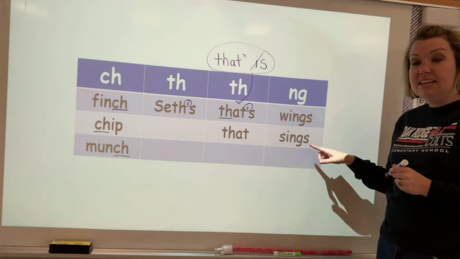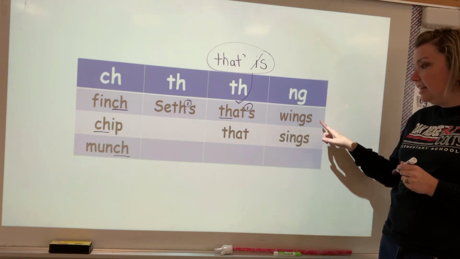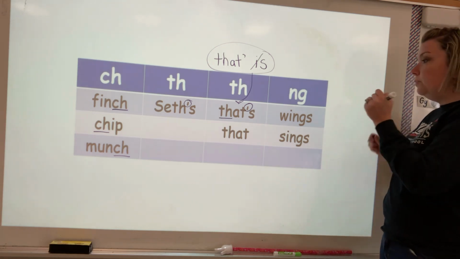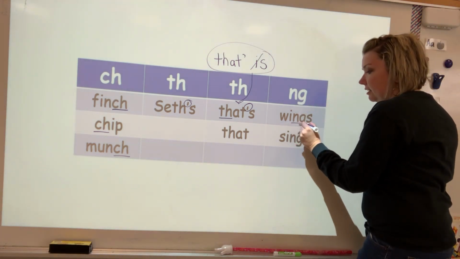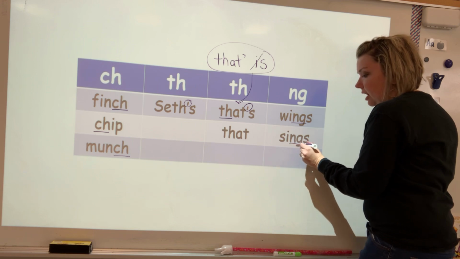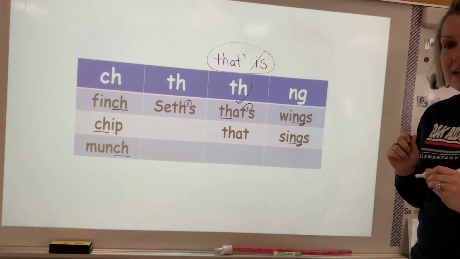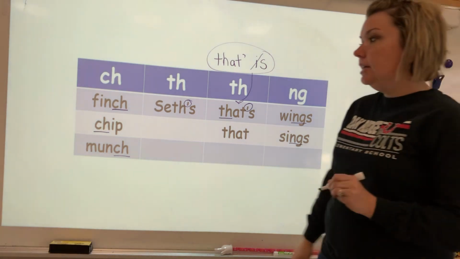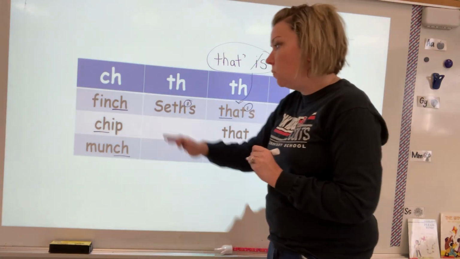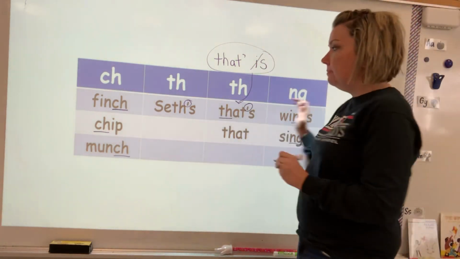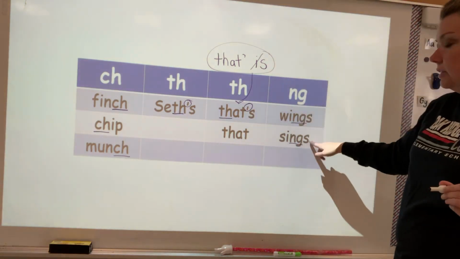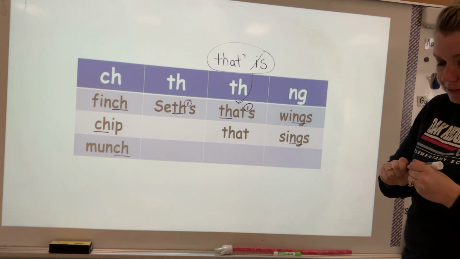Sings. Wings and sings. Excellent. When we see the ng diagraph, that is usually at the end of a word, not at the beginning. CH could be at the beginning or the end, and the same thing with TH. However, NG is usually only at the end.